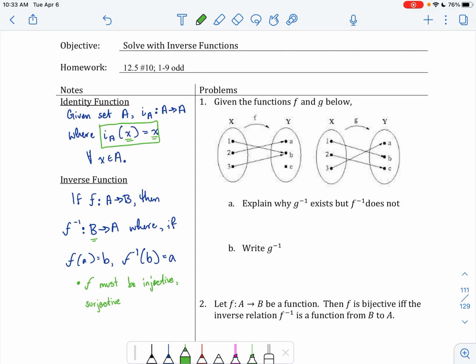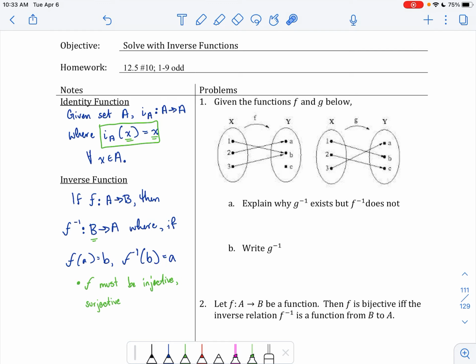If B isn't equal to the range, then it can't be the domain here. So f must be bijective in order to have an inverse function. It might have an inverse relation, but it won't have an inverse function.